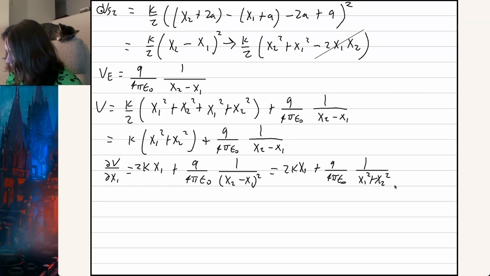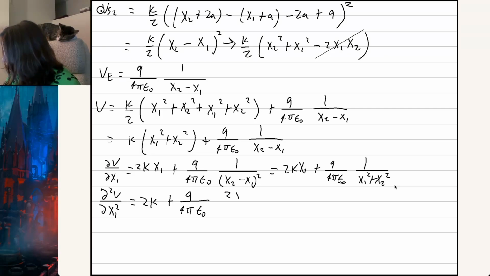Awesome. Now let's take the second derivative of that with respect to x1. Now we just have 2k there. We still have that stuff, but now we have 2x1, and now it's minus, actually, minus 2x1.